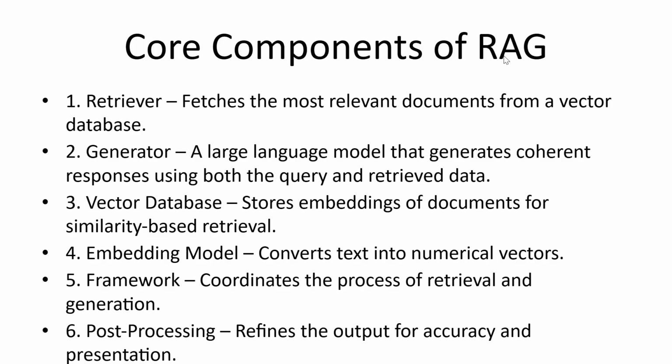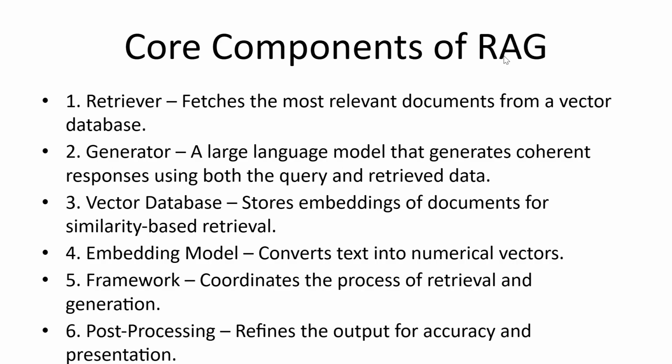The generator is nothing but a large language model, LLM, or we can use an API of an LLM like Copilot, Gemini, OpenAI, ChatGPT, or some LLM models from Meta, which can be freely downloaded, that generate relevant and coherent responses using both the query and the relevant documents.